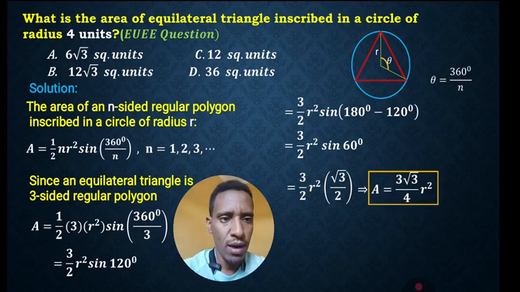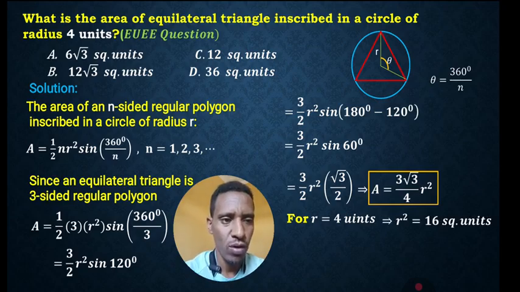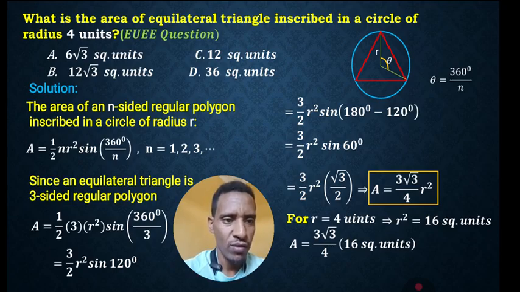But the radius is 4 units, so the square of R is equal to 16 square units. Now substitute the value of R to the power of 2, and we have the area equal to 3 times the square root of 3 over 4 times 16 square units.